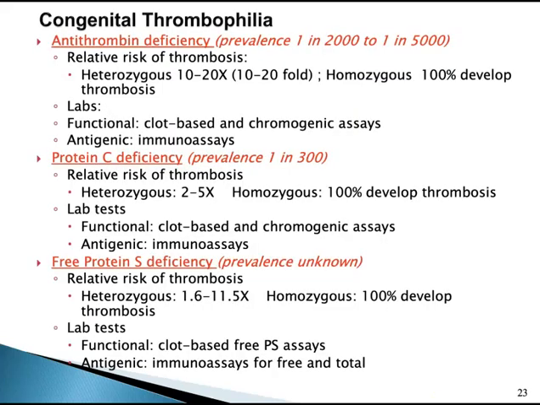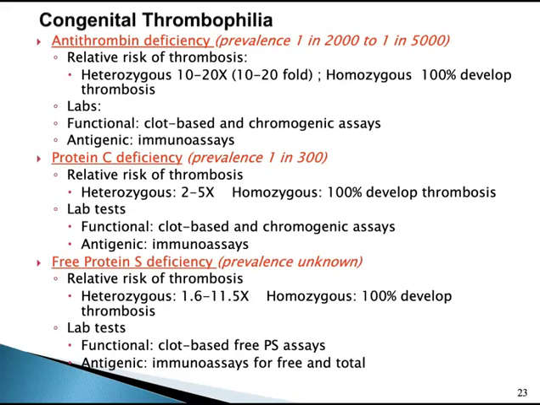So the first one is antithrombin deficiency. Antithrombin deficiency occurs in 1 in 2,000 to 1 in 5,000 individuals. And the patient has a relative risk of thrombosis. They can be either heterozygous for the condition or homozygous for the condition. Heterozygous, they have a risk. However, the higher risk develops when the patient is homozygous for this condition.